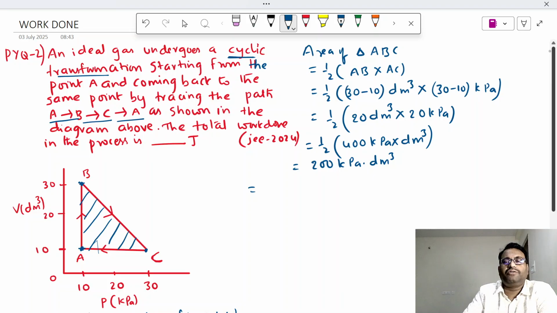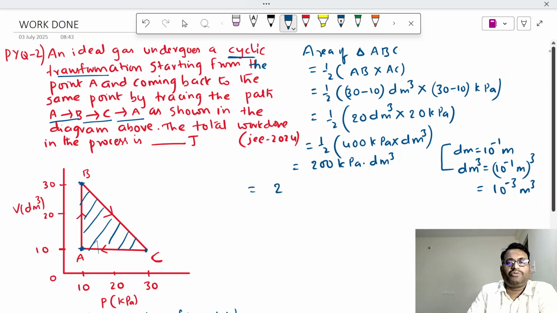So now coming to the relation between decimeter cube and meter cube. 1 decimeter is equal to 10 power minus 1 meter. Decimeter cube is equal to 10 power minus 1 meter whole cube. Then what do you get? 10 power minus 3 meter cube.